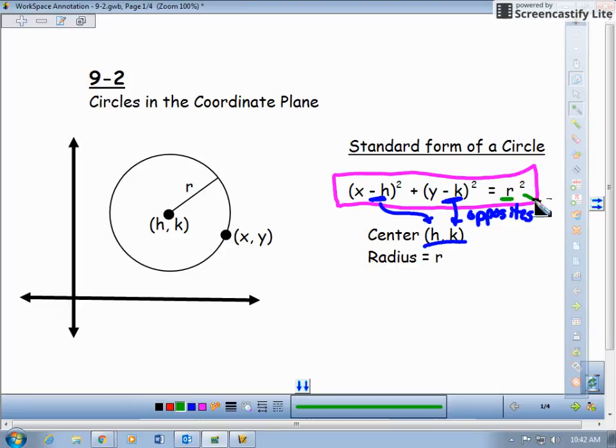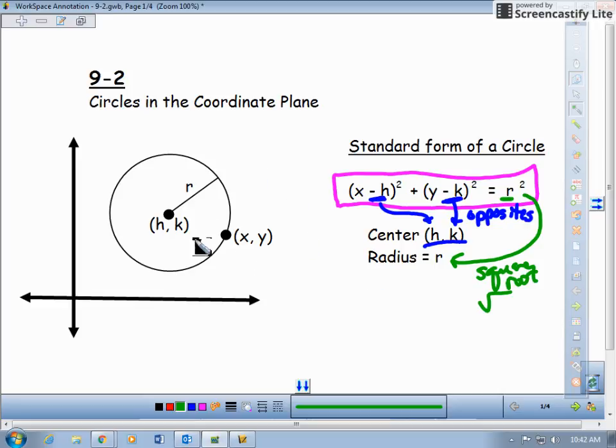So to get from radius squared in the equation down to r, we must take the square root. That will get us our radius then.